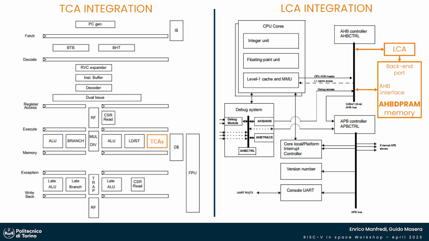The tightly coupled accelerator has been integrated inside the pipeline, modifying both the NoL5 core and the NoL5 toolchain to use the new custom instructions. And the loosely coupled accelerator has been attached to the AHB bus that is already present inside the NoL5 subsystem. The default memory has been updated by adding the second memory port.